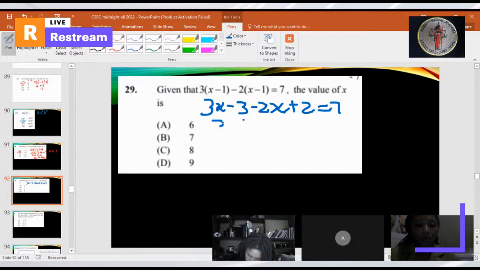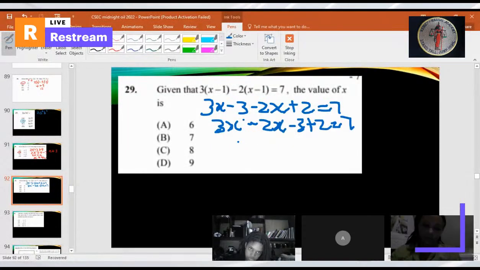Let me group the like terms. 3x minus 2x, we put the x's together, and minus 3 plus 2. So 3x minus 2x is x, and negative 3 plus 2 is negative 1.